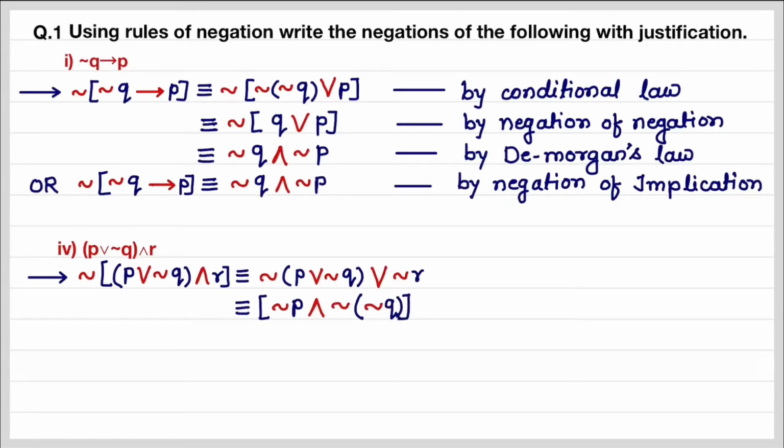Again we have to apply De Morgan's law. Using De Morgan's law, negation of P and negation of Q or negation of R. Second term as it is. For both steps, reason is De Morgan's law.